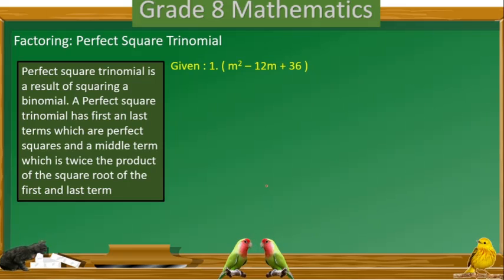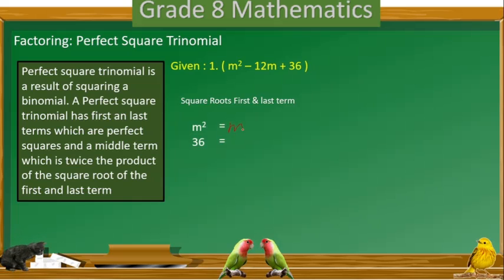The given polynomial is m squared minus 12m plus 36. Okay. First, we have to look for the square root of the first and last term. So our first term is m squared, and our last term is 36. The square root of m squared is m.